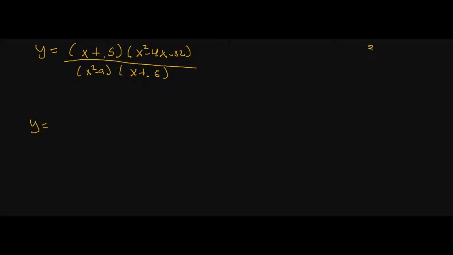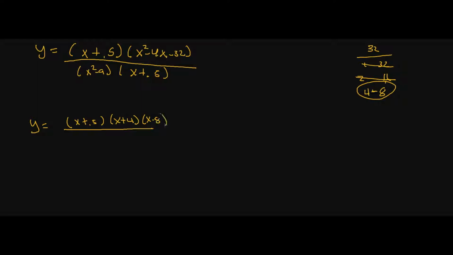So let's write all the factors of 32: 1 and 32, 2 and 16, and 4 and 8. I can already see the others are not going to work, and we're going to be able to use 4 and negative 8. So on the top, I can rewrite this whole thing as x plus 0.5, x plus 4, and x minus 8.